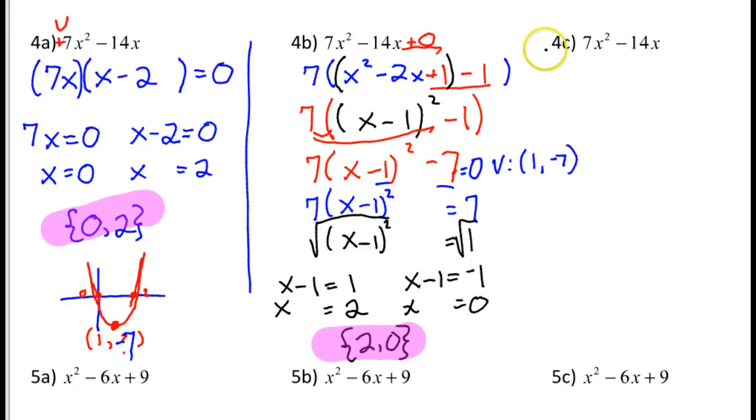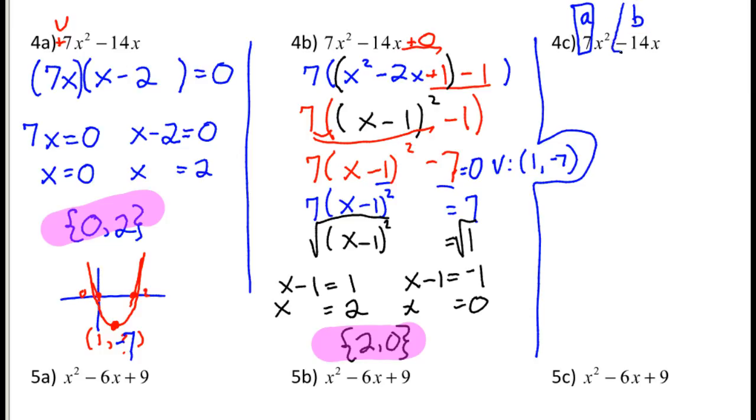And then lastly, what is A? 7. Okay. What is B? Negative 14. And then, of course, C is 0. So just like the ones we've been doing for about two weeks now.